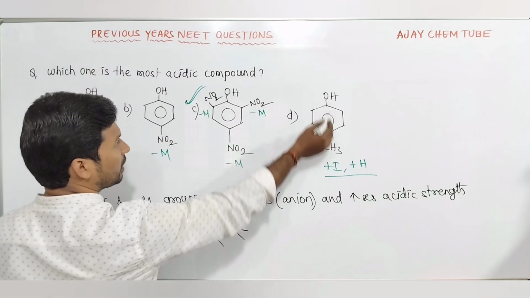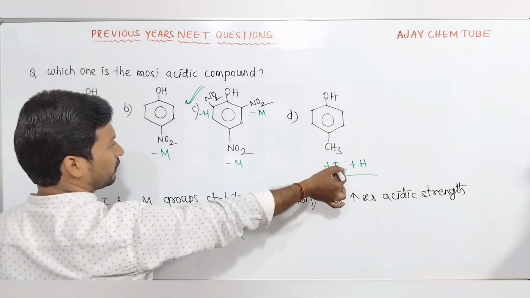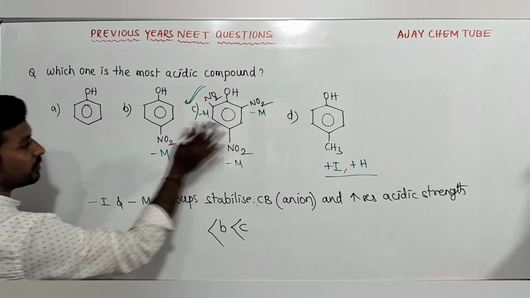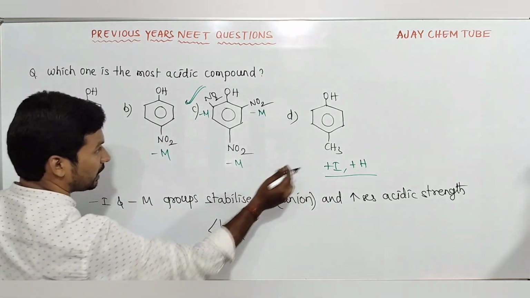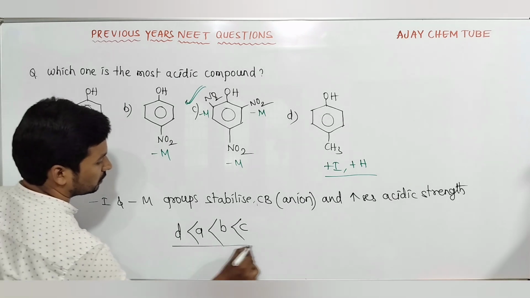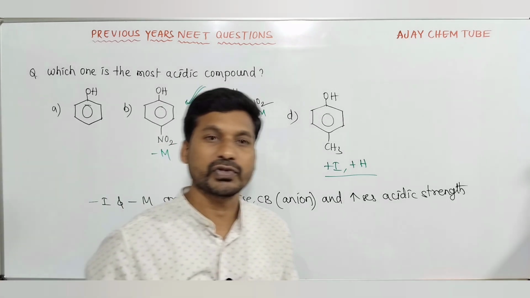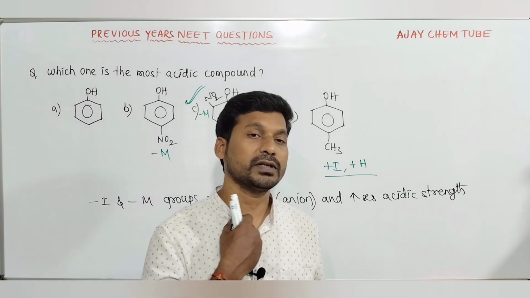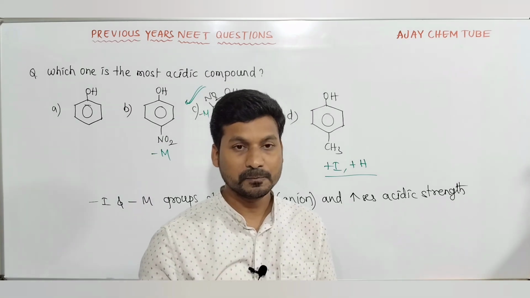Negative means unfavorable effect for acidic strength of phenol. Minus I effect is unfavorable effect. Here neutral. Neutral is better than unfavorable effect. So A, then last D. So this is the order. In this way we solve questions. So these are previous NEET questions from reaction mechanism 1.